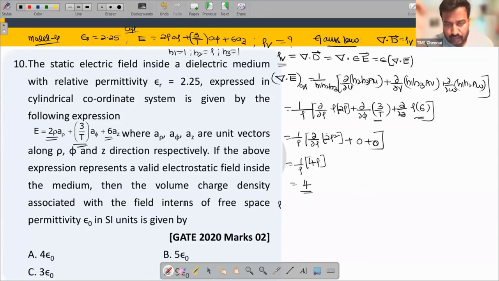Substituting here, rho v is 4 epsilon. This is 4 epsilon naught into epsilon r, 4 into 2.25 times epsilon naught. That is 9 epsilon naught.